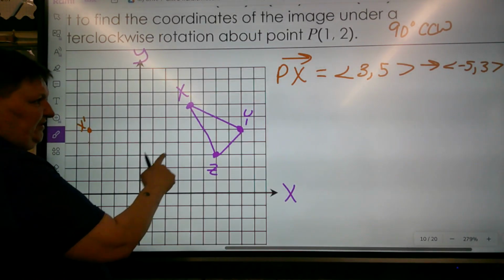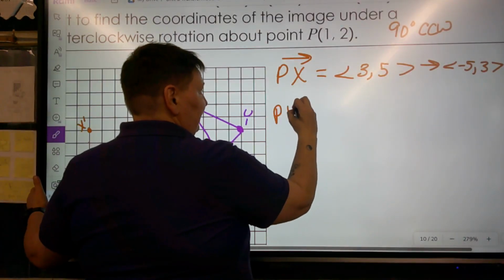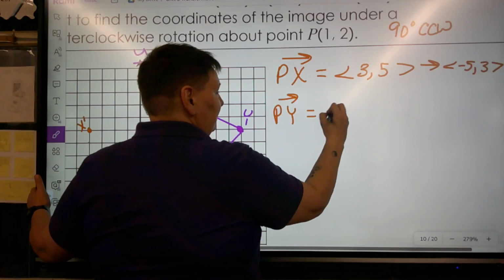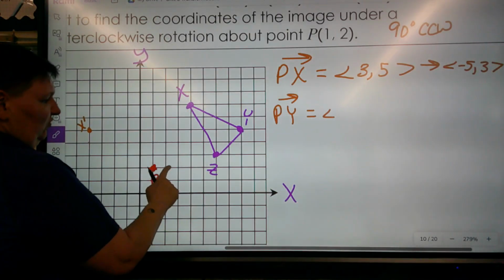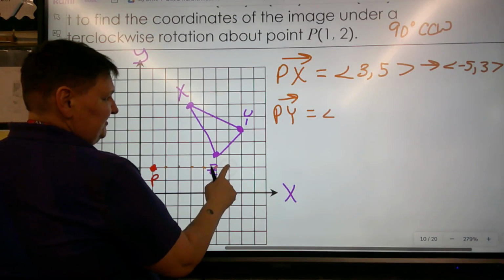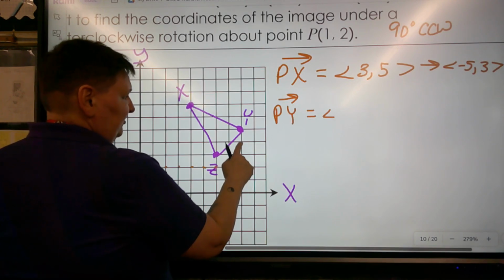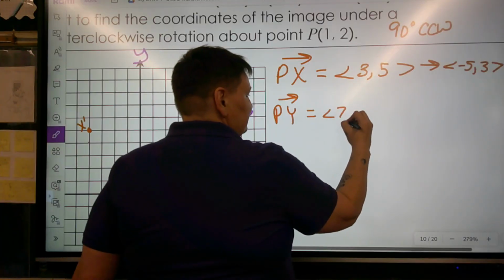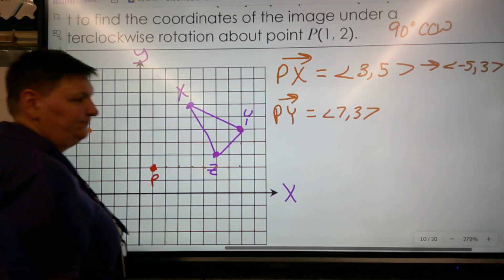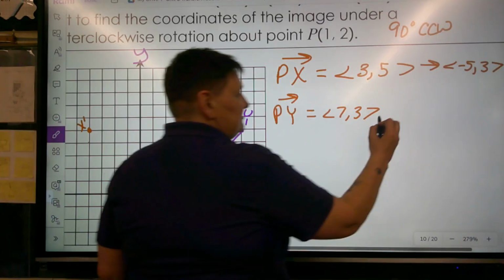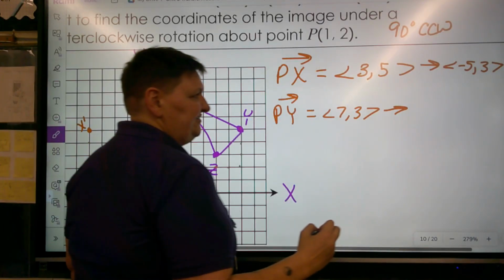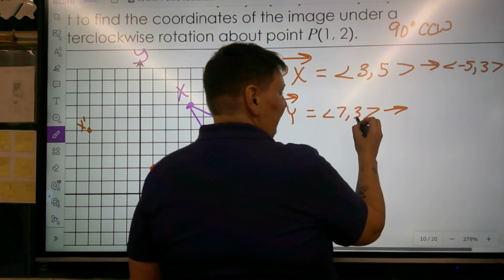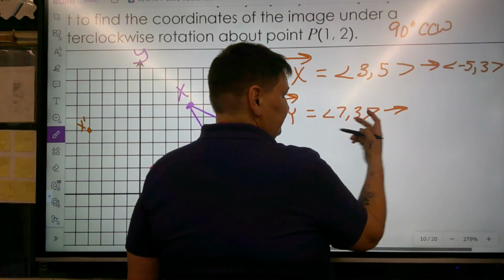So distance from P to Y, our vector from P to Y, we had to go 1, 2, 3, 4, 5, 6, 7 to the right, 1, 2, 3 up. 7 to the right, 3 up. All right, we're rotating 90 degrees counterclockwise. So we change the sign of the Y, becomes negative 3, and then we switch them.